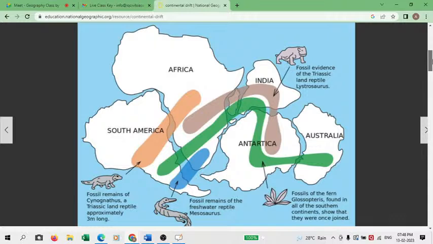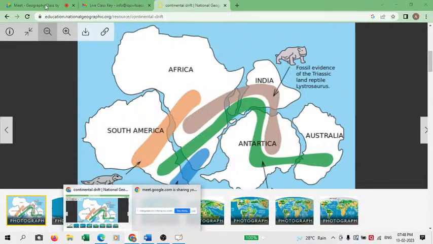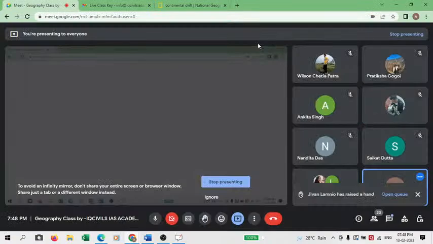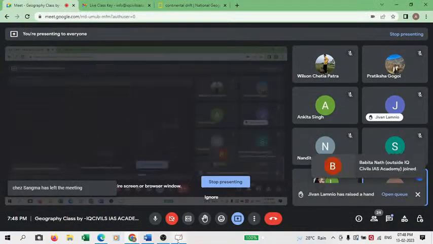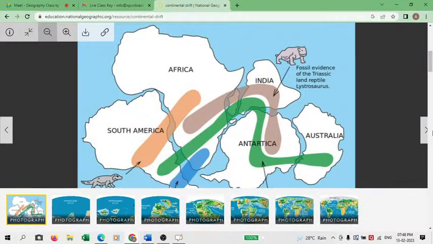Can you see the fourth one on the right, bottom right corner? Can you read this? Fossils of the fern Glossopteris. Yes, sir, one minute. Sorry. Now look.